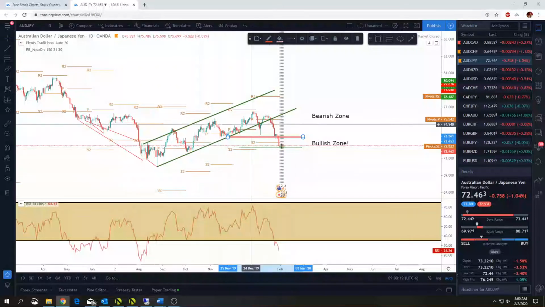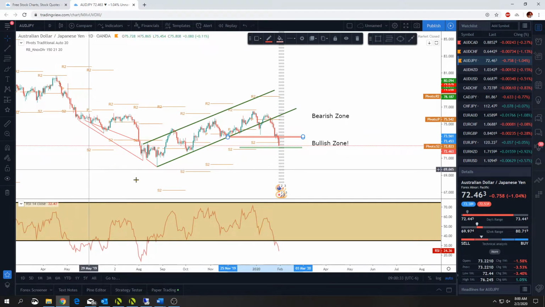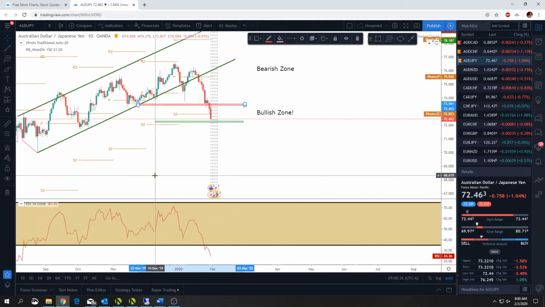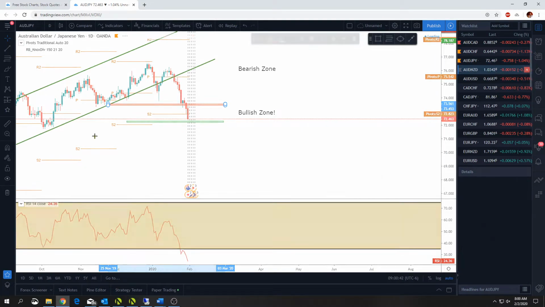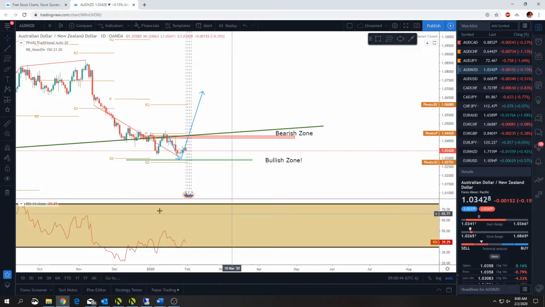I think what's happening is that coronavirus scare in the Chinese economy is what's driving the Australian dollar weakness, because the Australian economy heavily relies on the Chinese economy, and people are anticipating a good hit.